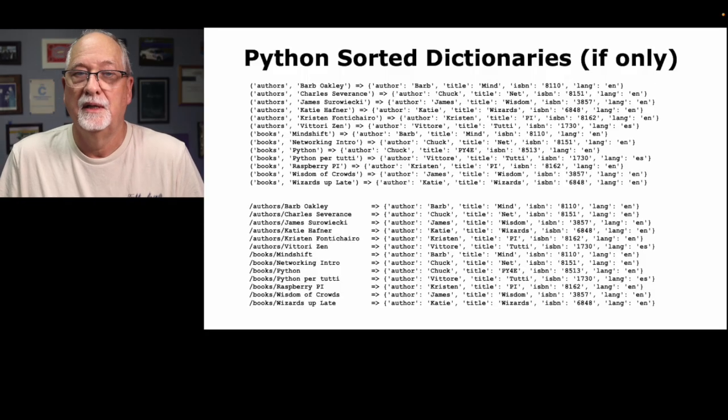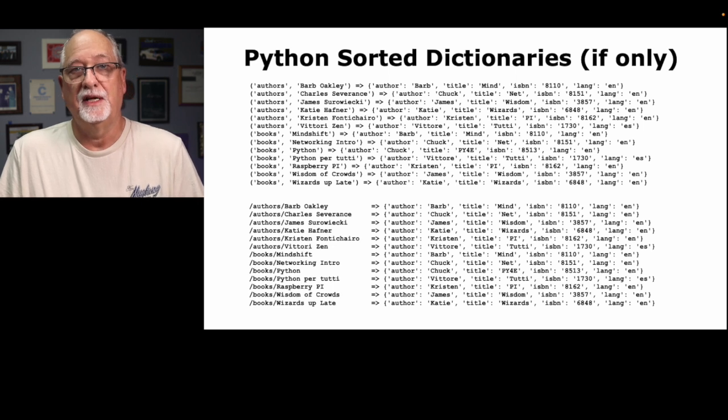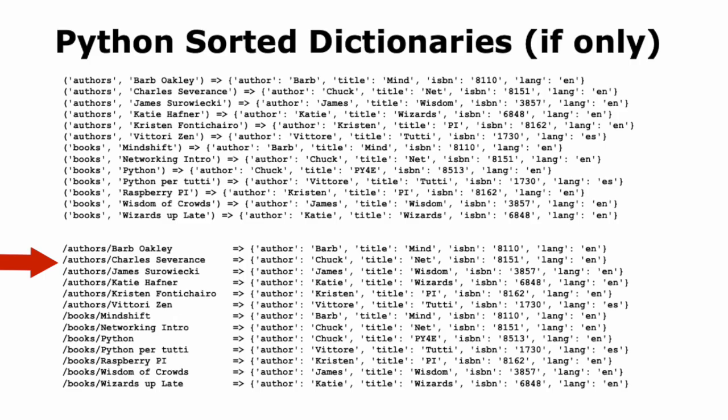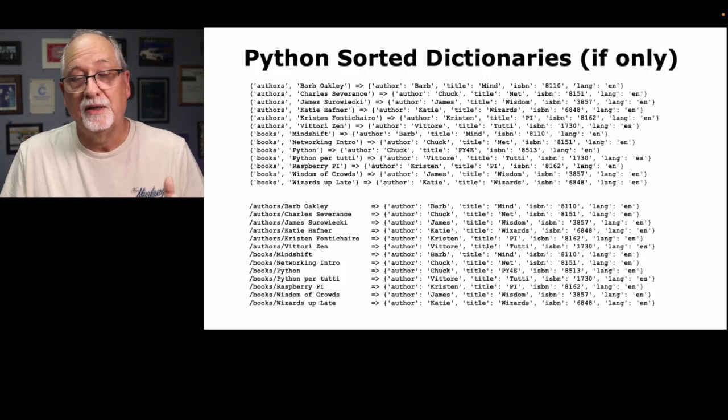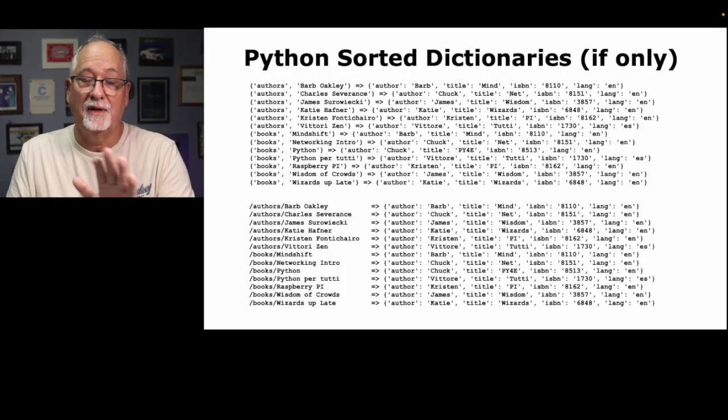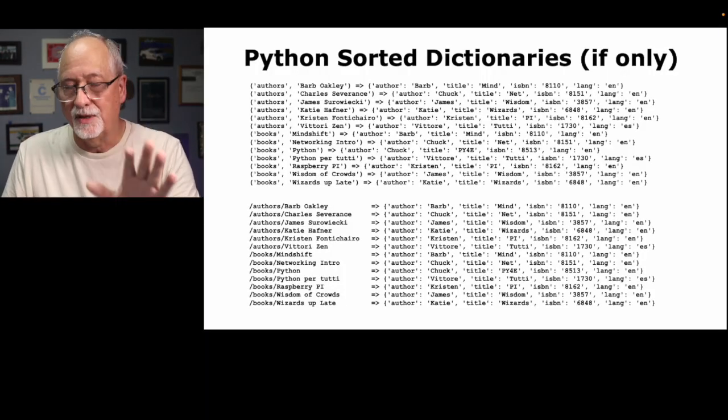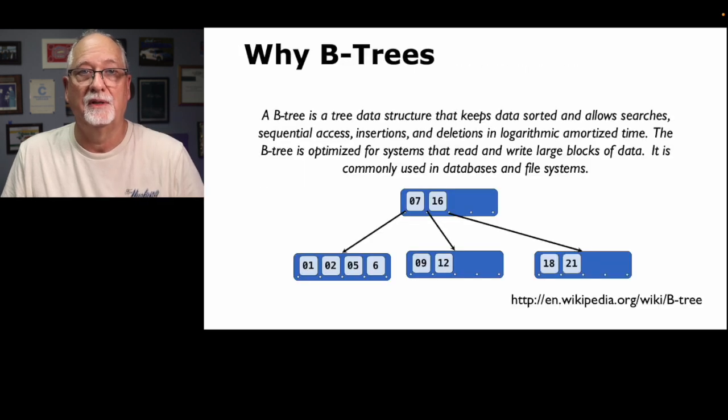Now, you'll notice when you start seeing me, I'm going to simplify the serialization of these tuples as like /author/Barb Oakley or /author/Charles Severance, just because it's easier to read than the JavaScript array. Python doesn't do this, right? Other languages do. Using tree maps in Java is a good example of doing this.